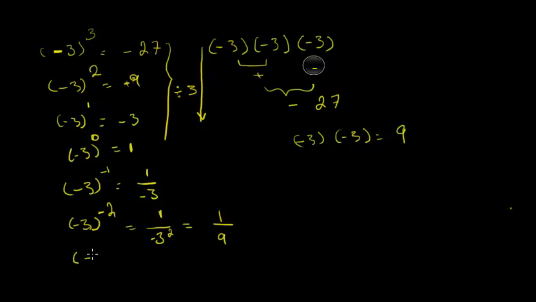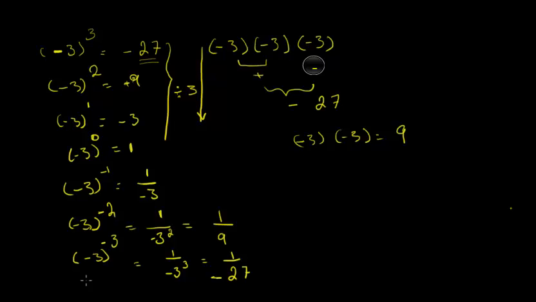So minus 3 raised to the negative third is going to be 1 over 27, and the sign is going to be negative, same as we had in the positive section.